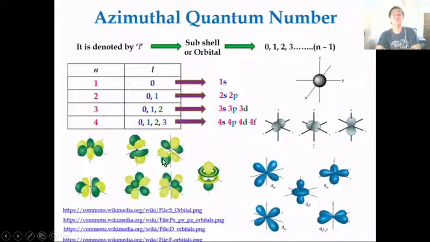So if n is 4, 0, 1, 2, 3 are the allowed values for L. And we know that 0 is represented by an s, so that's 4s, 4p, 4d, 4f. Okay, so that is now for the azimuthal quantum number.